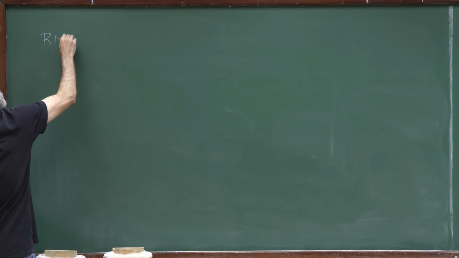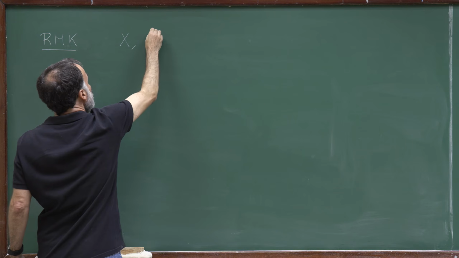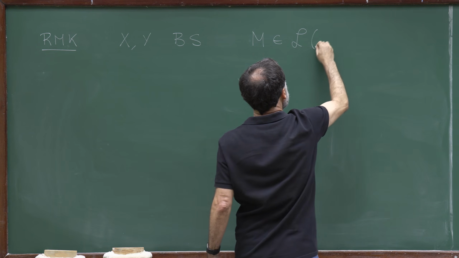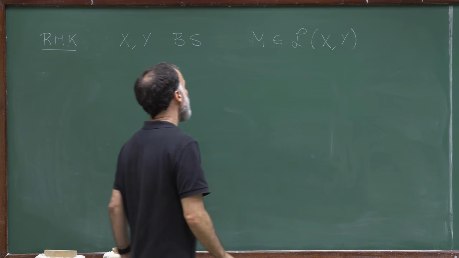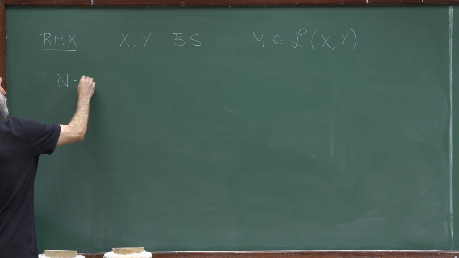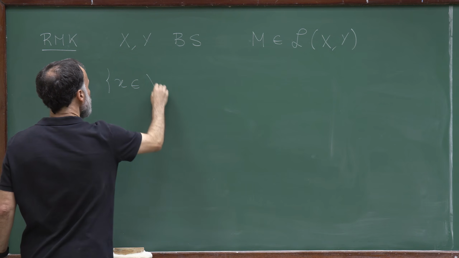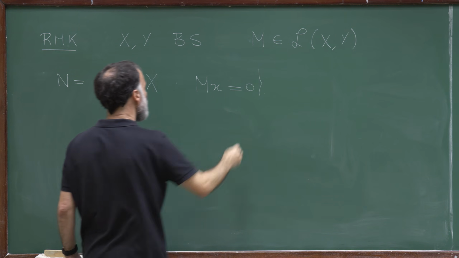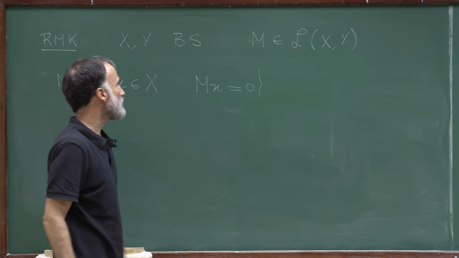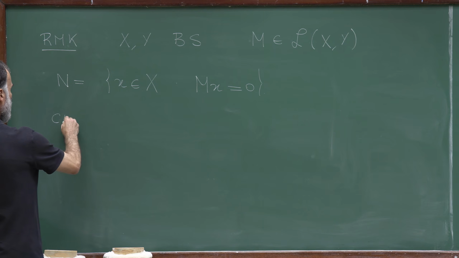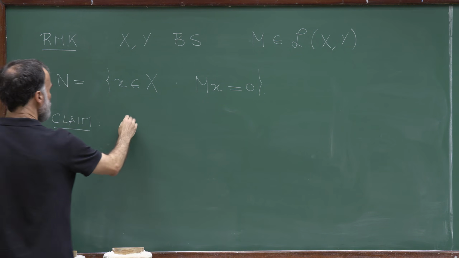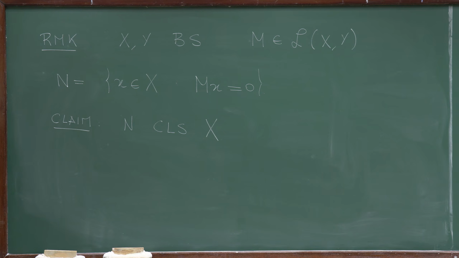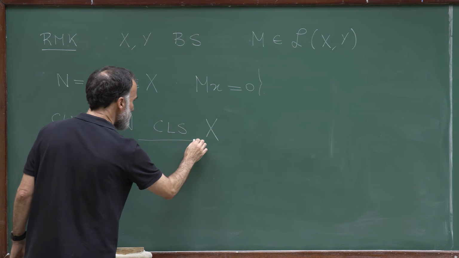So now a remark. Let me take X and Y Banach spaces, M a bounded linear operator from X to Y, and let me define N as the points x in X which are sent to 0 by M. So all points x which are sent to 0, and my claim is that N is a closed linear subspace of X. So let me prove this statement.